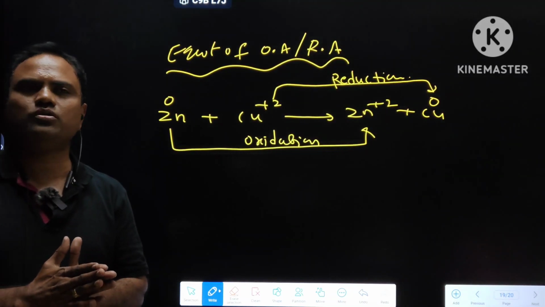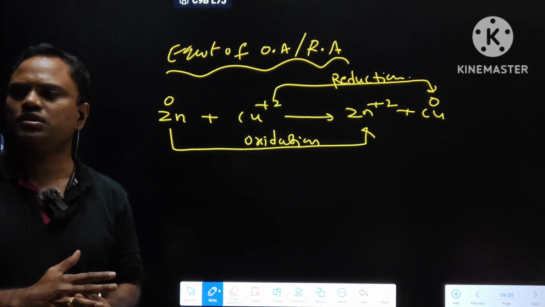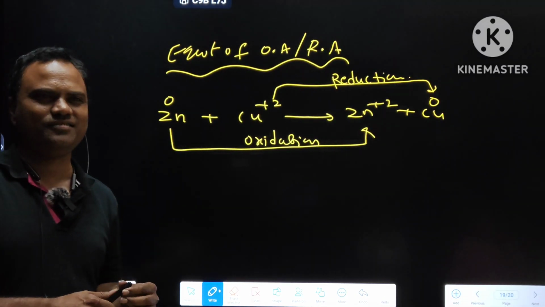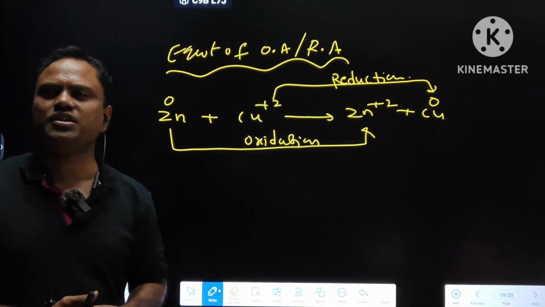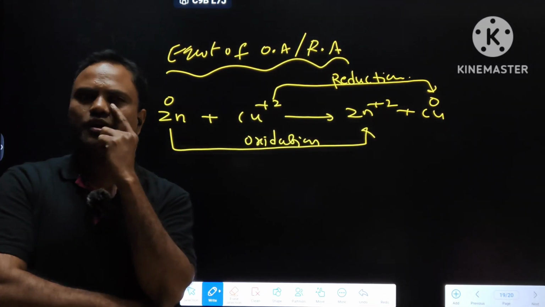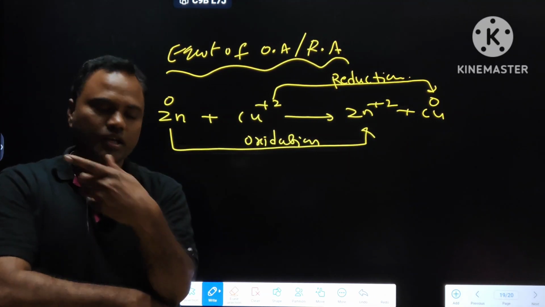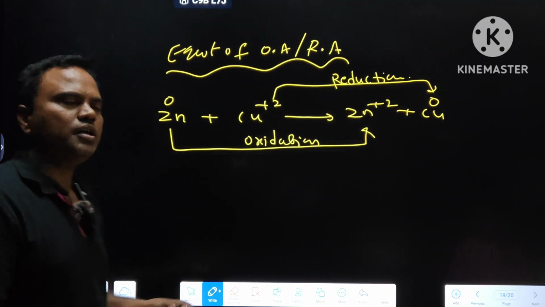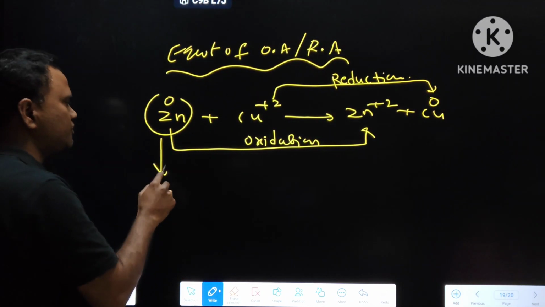The one which is undergoing oxidation is called the reducing agent. Which is undergoing oxidation? Zinc. Zinc's oxidation state is increasing, so zinc is undergoing oxidation. So that is a reducing agent. Zinc is the reducing agent.